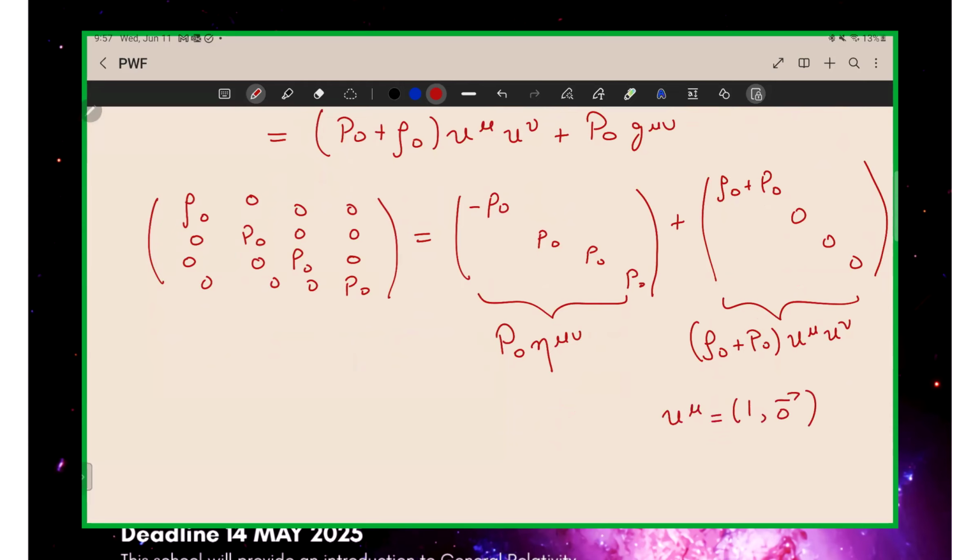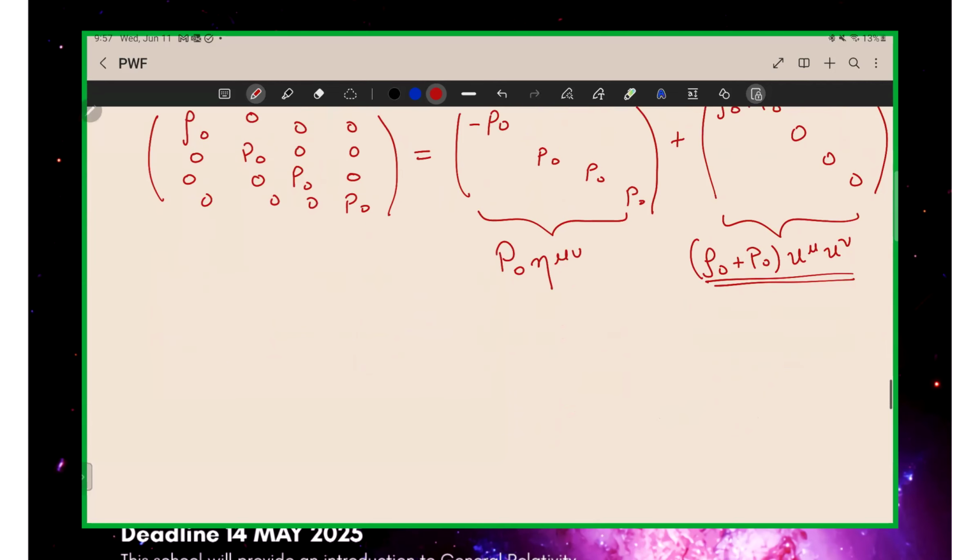So if you calculate this thing in the rest frame, you will get a non-zero entry only when mu and nu are both zero, which is the first entry. Okay. So it means that in the rest frame, T mu nu equals their sum, which is this thing.